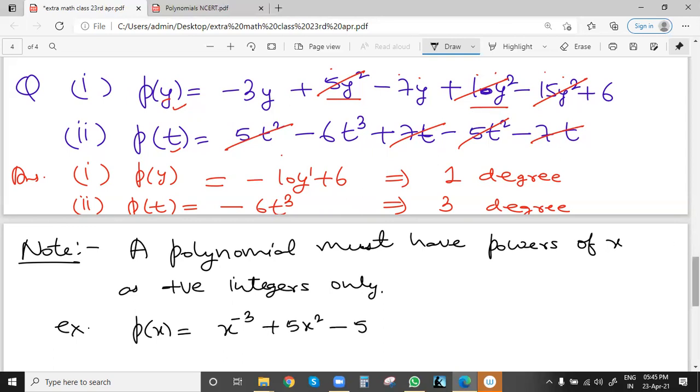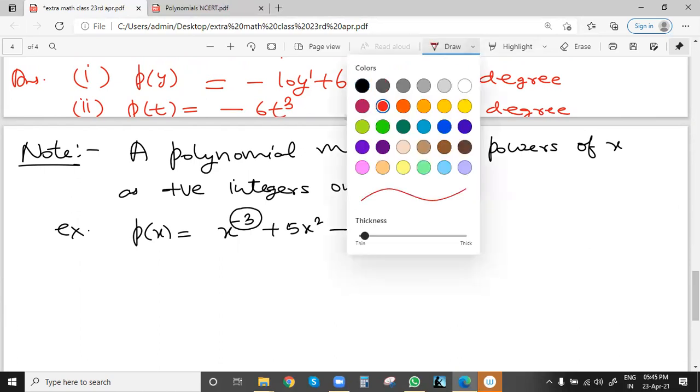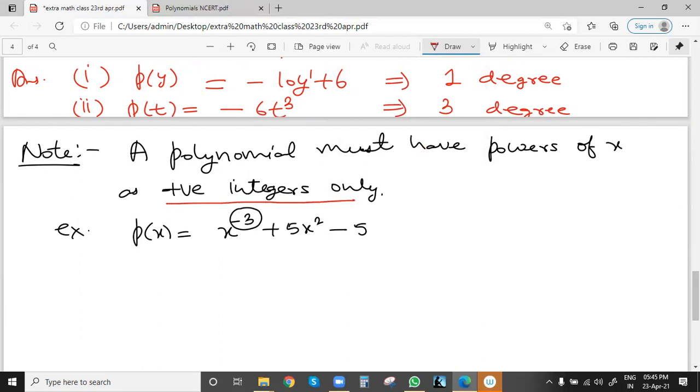This will not be considered a polynomial because one power should be 3, not minus 3, not negative. Positive integers only. Positive integers means including 0. We can write 0 is also a positive number, because 0 is also considered a positive number. So this will not be a polynomial.